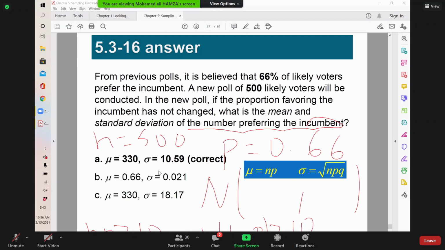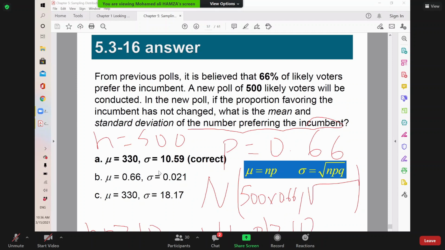Its mean is given by n times p. What about n times p here? N times p is equal to 500 times 0.66. Once we evaluate it, we have a normal distribution whose mean is 330. And what about the standard deviation?